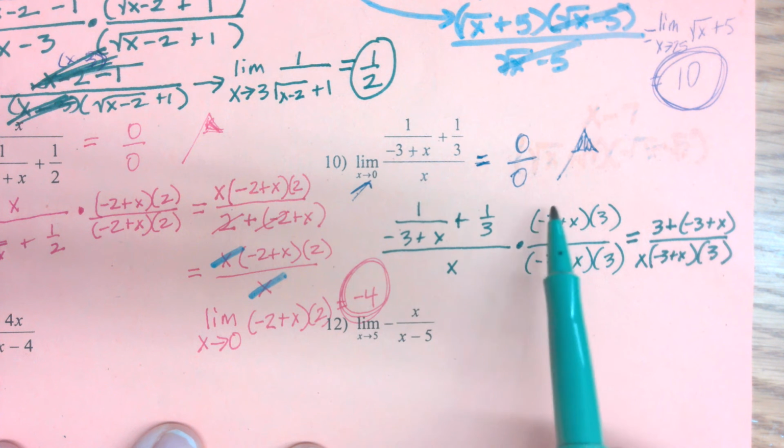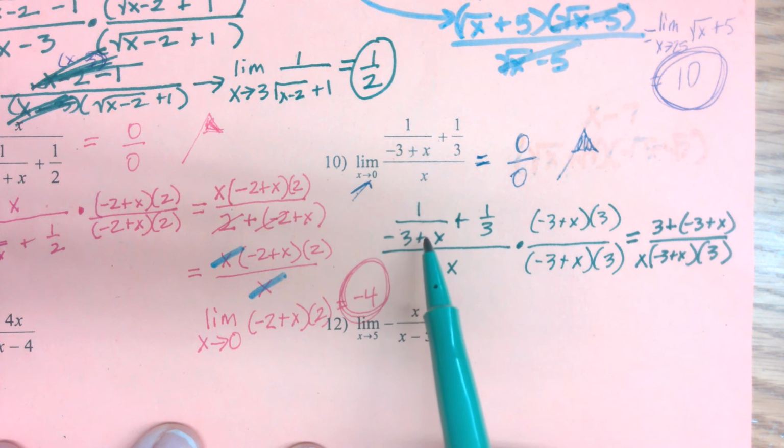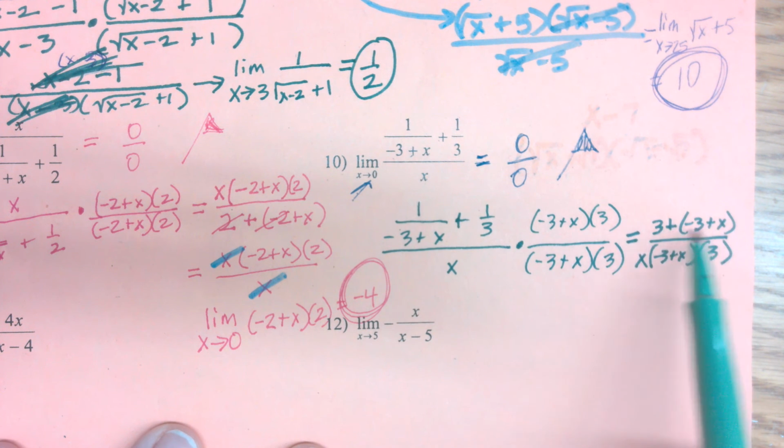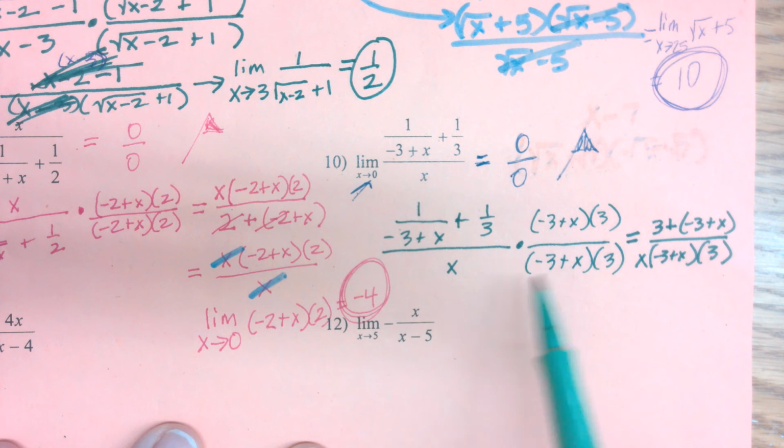So in the first one, when I multiplied it, the negative 3 plus x canceled out, left me with 3. Second one, the 3 canceled out, left me with the negative 3 plus x. So that's how my numerator came. On the bottom, I have the x times the whole thing.